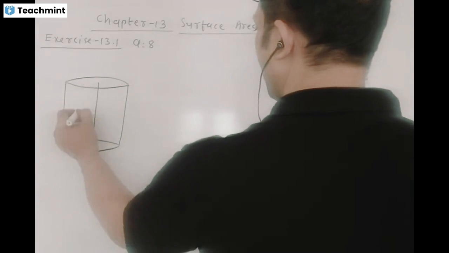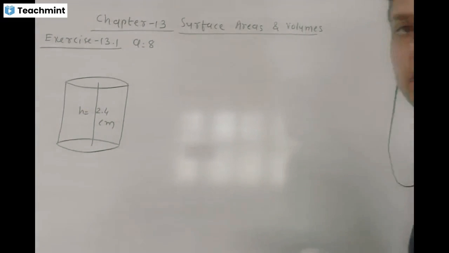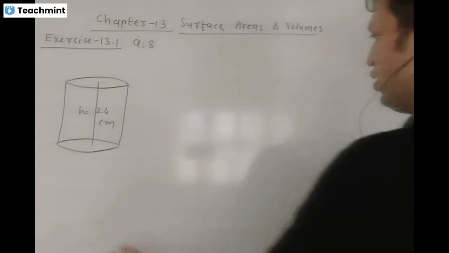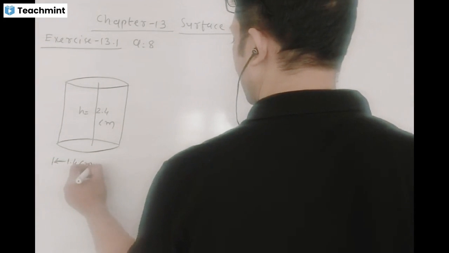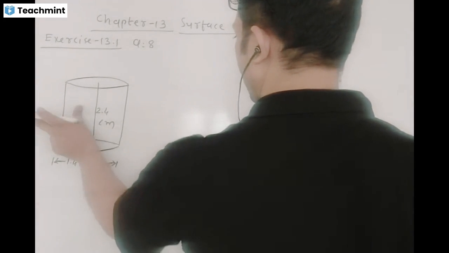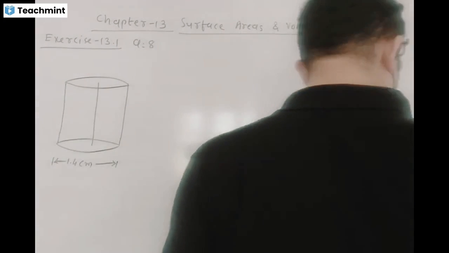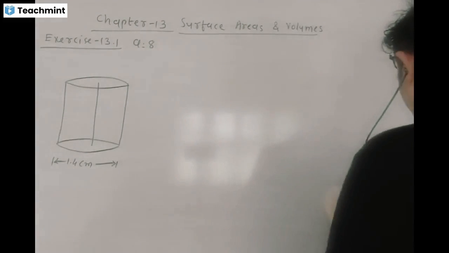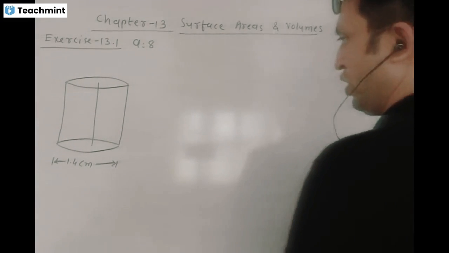The height of the cylinder is 2.4 centimeter and the diameter is 1.4 centimeter. A conical cavity of the same height and the same diameter is hollowed out.